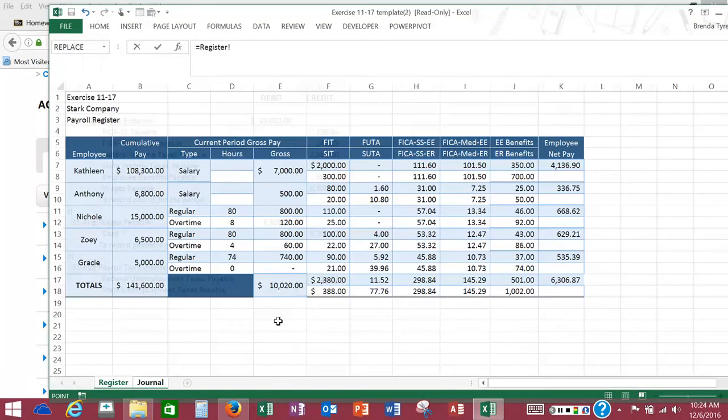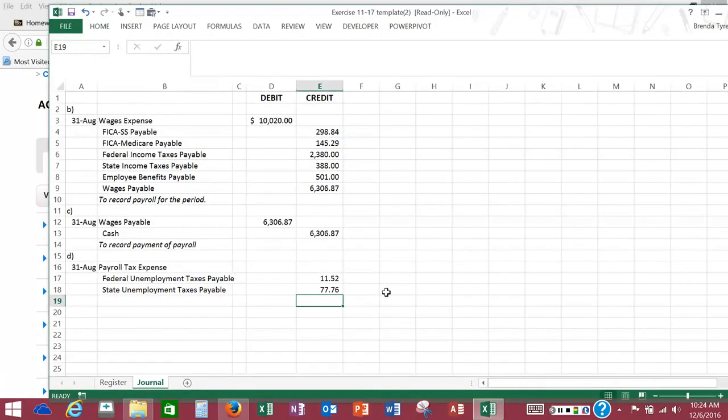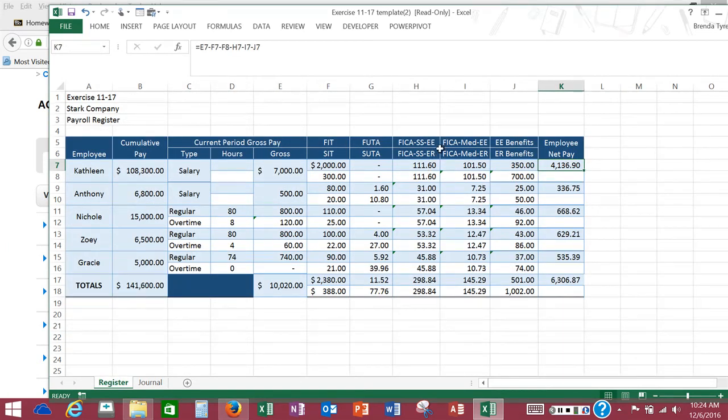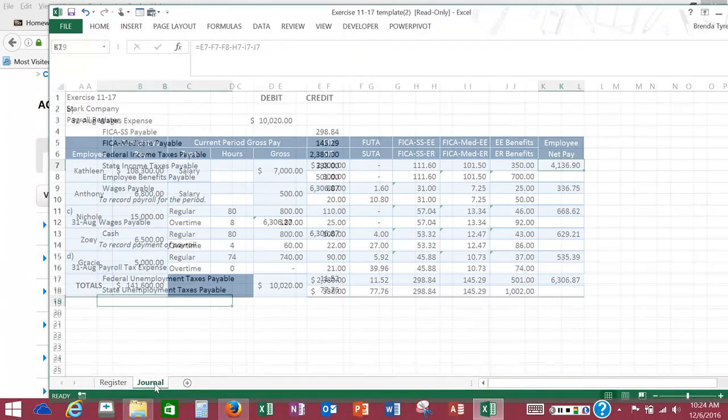See how when I have it linked to the register, if you delete or change anything, then it automatically changes the number. Now, what else do we have if we look at our register? We've got the Social Security for the employer. We've got the Medicare for the employer. So here we're going to have those FICAs again.